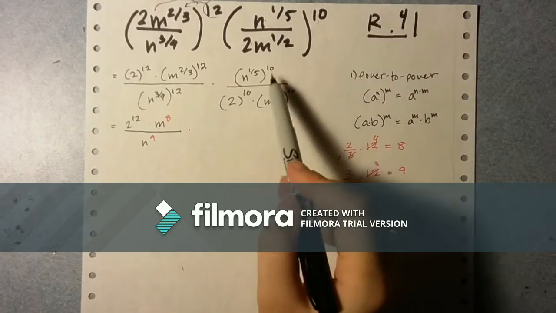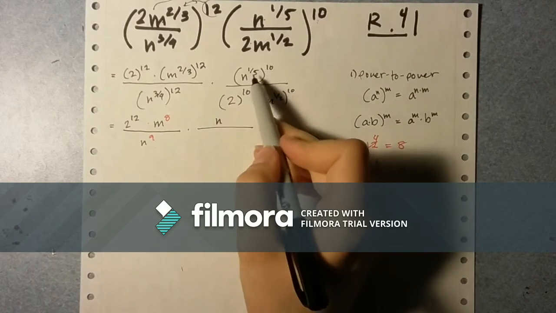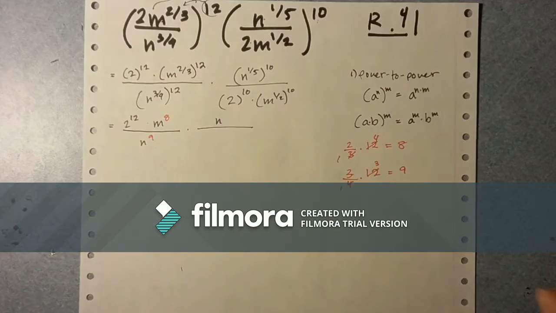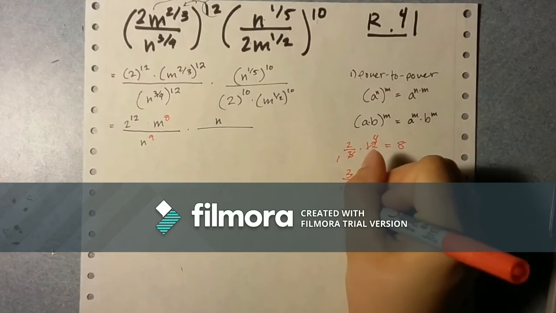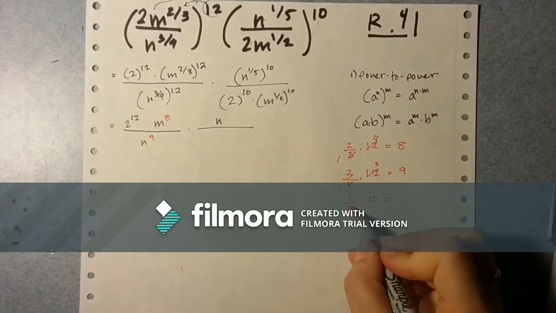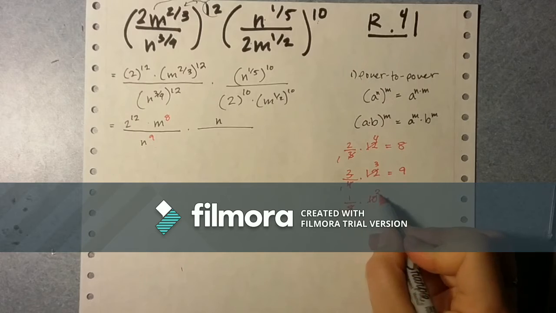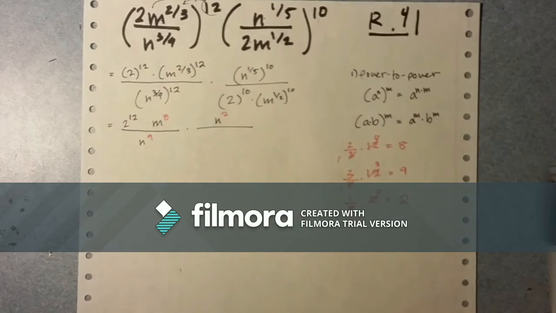Let's move on and do the same thing with the next side. n to the 1/5 to the 10th power. Using power to power, we'll multiply the exponents. Fractions, the 5 will cancel with the 10, and we'll get 2. So n to the 2nd power.